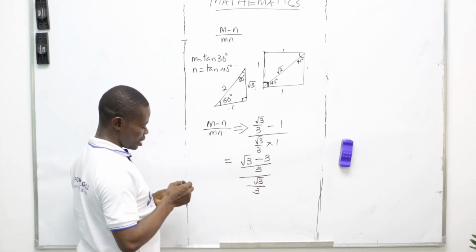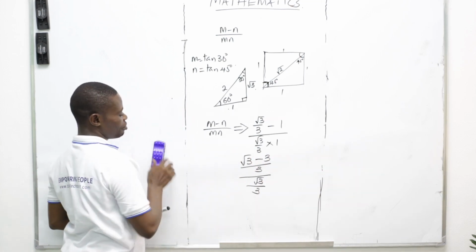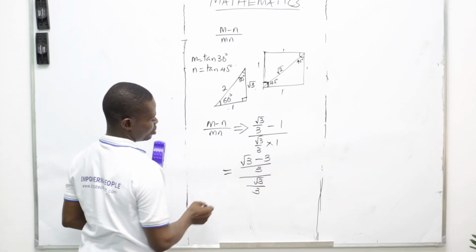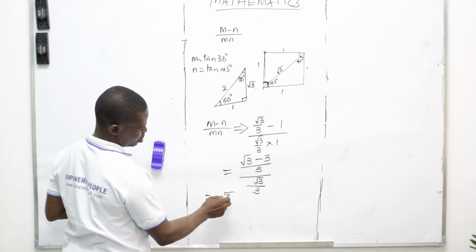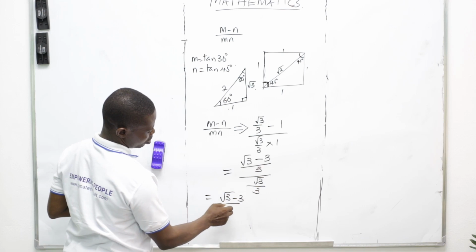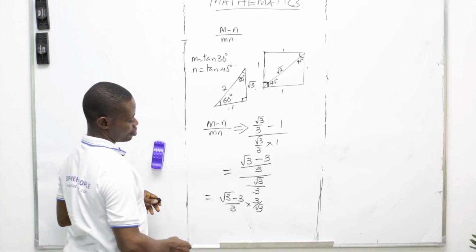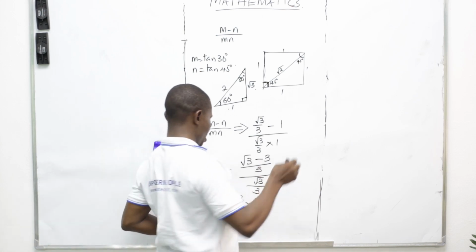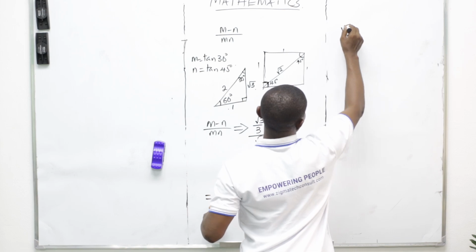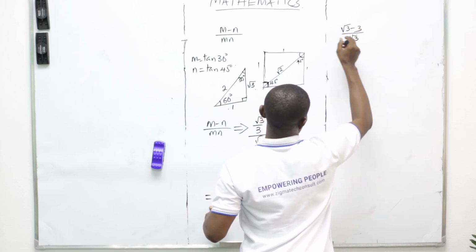This is what we have here now. So when you simplify this further, we are going to have root 3 minus 3 all over 3 times 3 all over root 3. This can take care of this. What is going to remain here is root 3 minus 3 all over root 3.